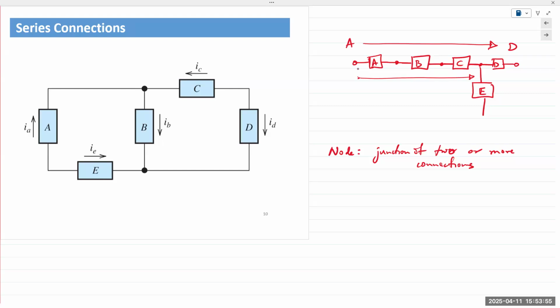Anyone? Okay, actually, you know what? Let's do this. Let's identify the nodes first. How many nodes do you see in the circuit? Let's start there. So let's count. 1, 2, 3, 4, 5, 6. Right? Do you all agree?